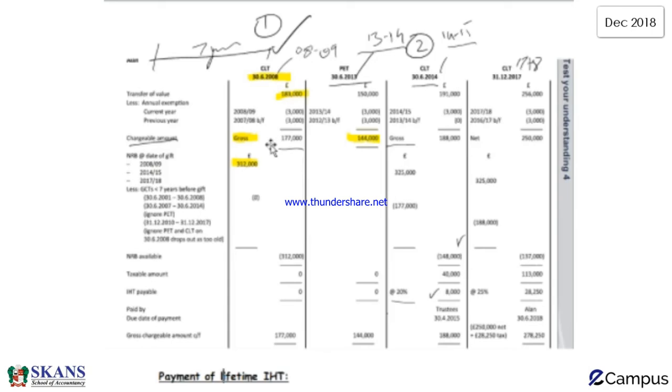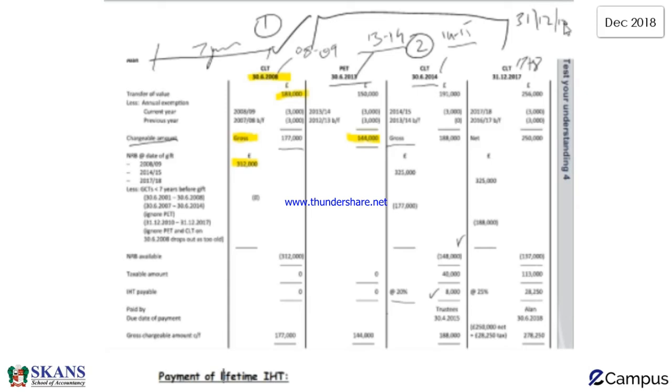Now, the chargeable amount which we have right now is 250,000. The nil rate band for 17-18 is 325,000. Now, if you look into 7 years before this date, you would not say that we have two chargeable lifetime transfers, because 7 years before this date would be 31st of December 2010.